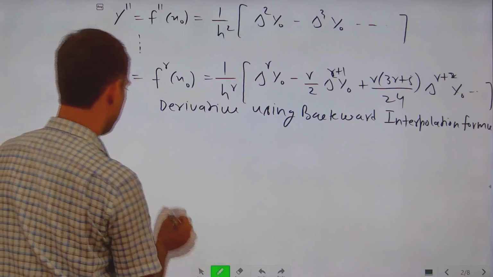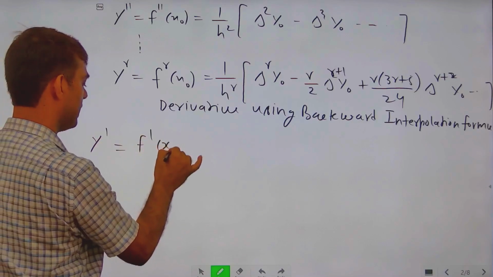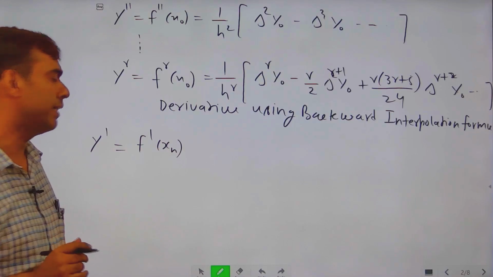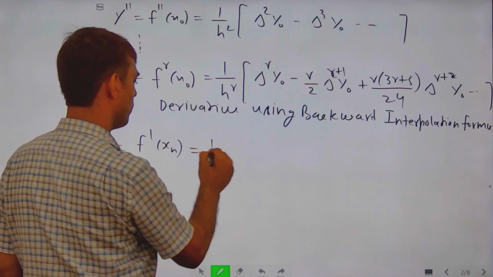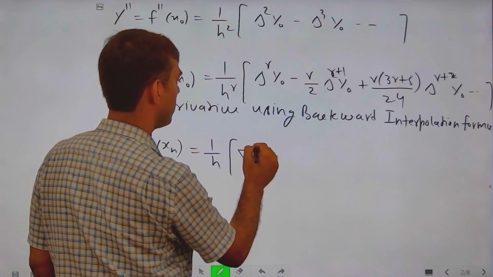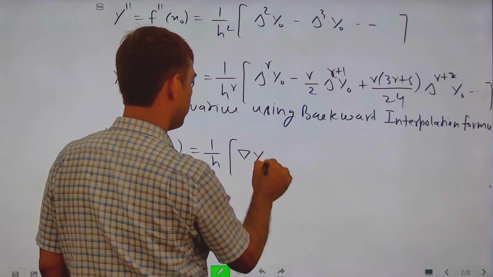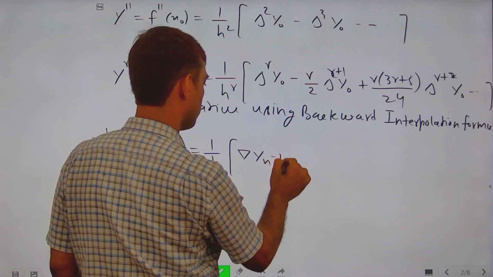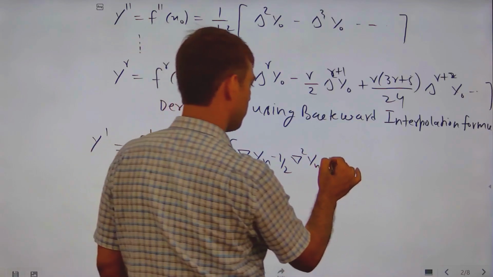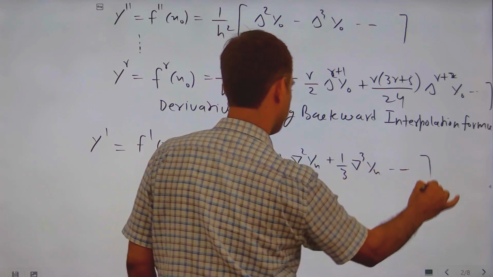Here y' equals f'(xn), because we find it with the help of the backward interpolation formula at the end point. f'(xn) equals 1 upon h, the first term is ∇yn, minus 1/2 ∇²yn plus 1/3 ∇³yn and so on.